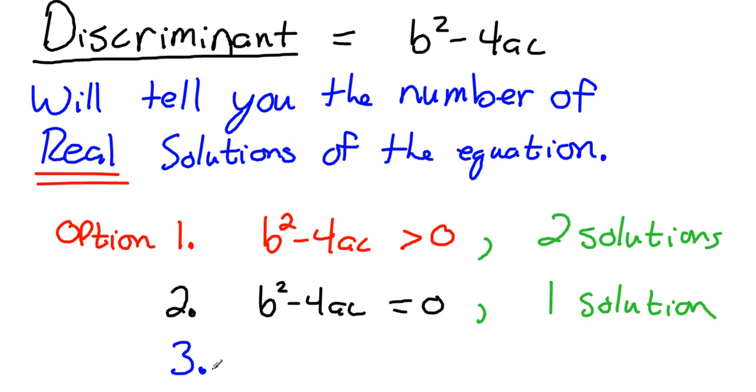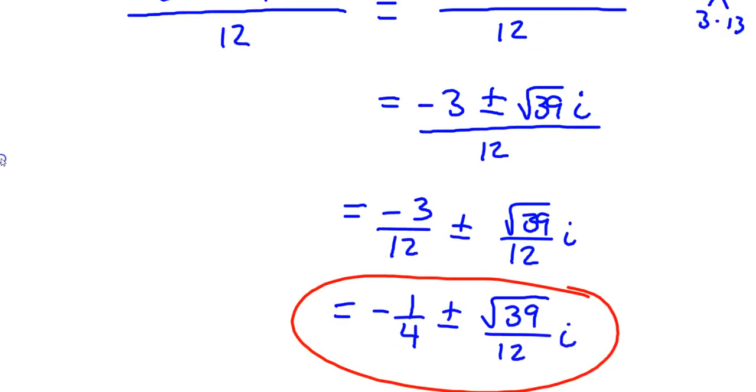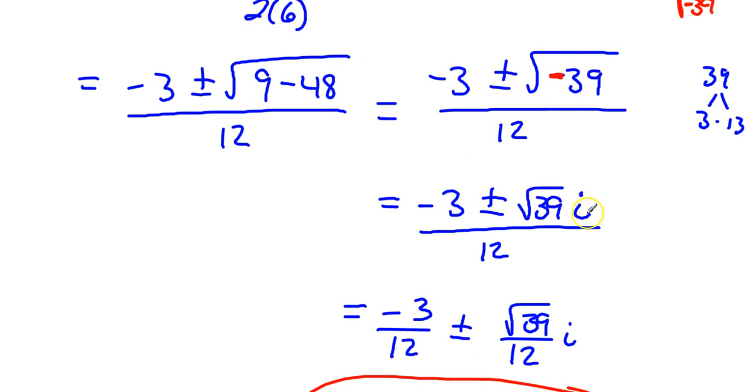Okay, and you only have three options. Either something is positive, something is 0, or something's negative, so that's the last one we're going to look at. So what happens if b squared minus 4ac is less than 0? Going back to that last question, if we took the square root of a negative number, this wasn't real, right?